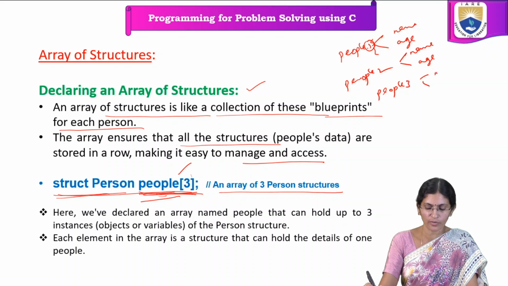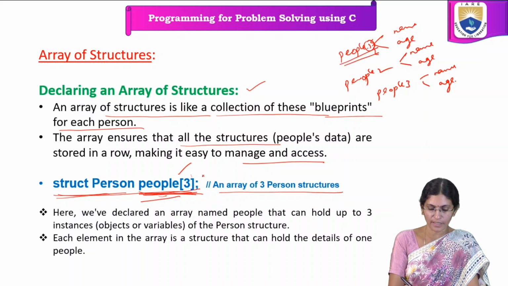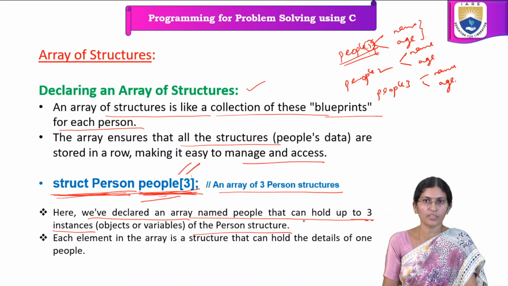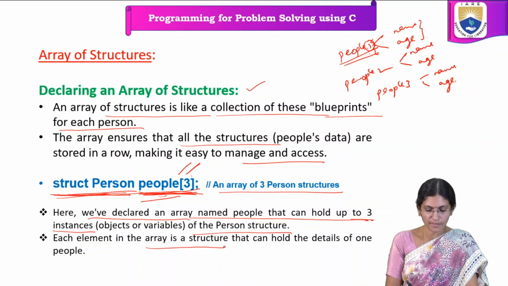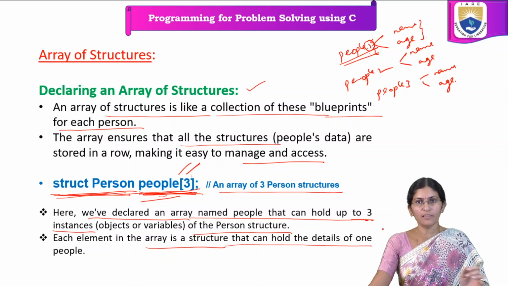There are 2 members defined in the structure declaration, so each element of the array will hold the data type struct person. Here we have declared an array named people that can hold up to 3 instances of the person structure. Each element in the array is a structure which can hold the details of one person.